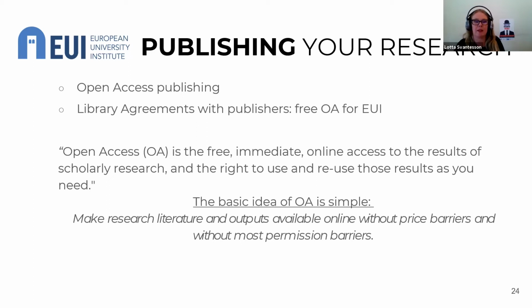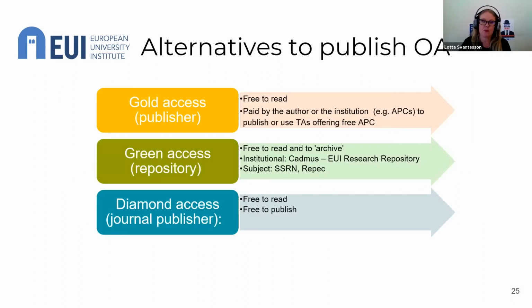So open access is the free and immediate online access to the research results and also the right to use and reuse those as you need. And that is a very basic idea because you make research literature and outputs available online without price barriers and without most permission barriers.